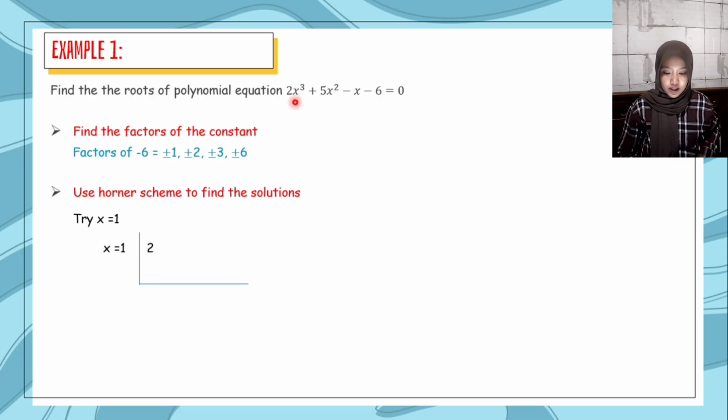Coefficient of x cubed is 2, coefficient of x squared is 5, coefficient of x is minus 1, and the constant is minus 6.